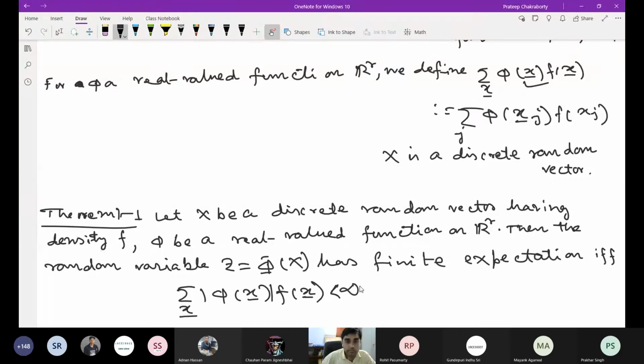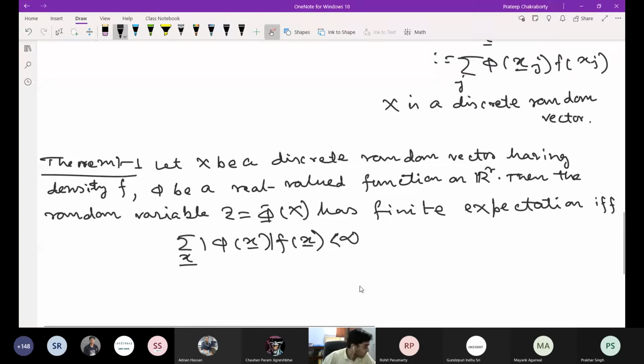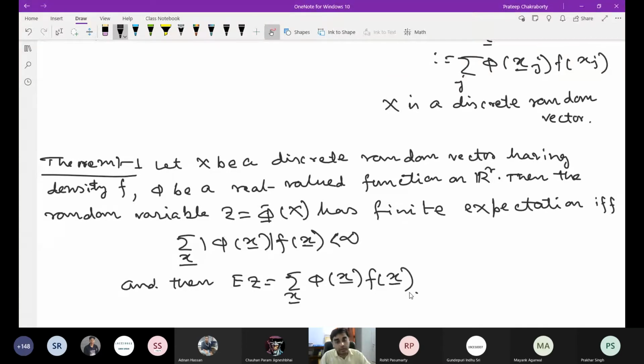In this case, we say that phi(X) has finite expectation, and then E of Z is equal to the summation of phi(x bar) f(x bar). Okay, any questions till now? We will use this theorem 1 to prove the third part of theorem 2. Any questions so far?